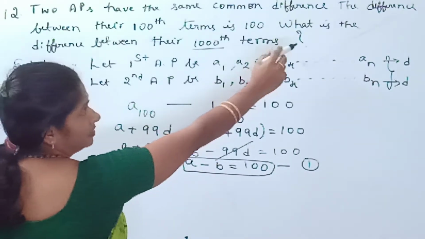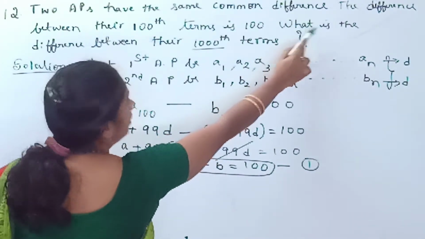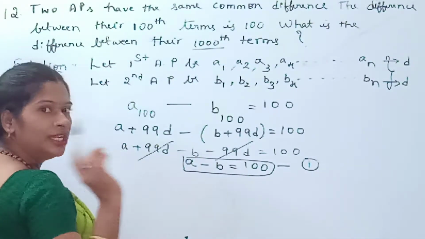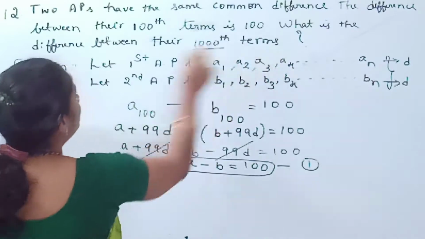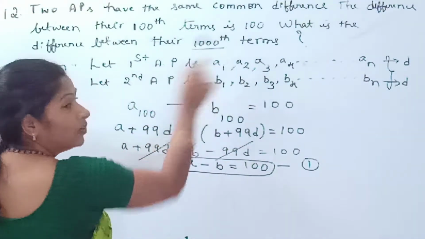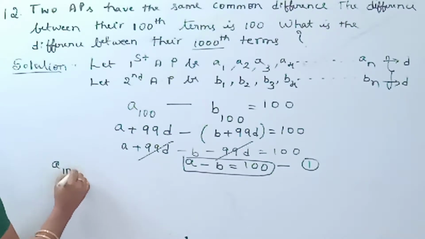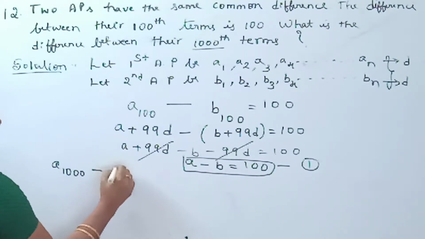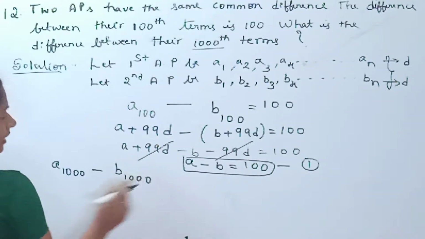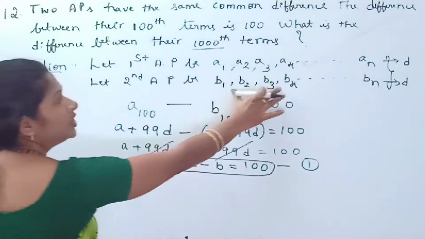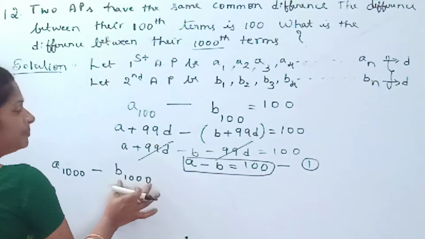Now what you have to find out, children? We need to find out now what is the difference between their 1000th terms. So what we have to find out? A1000 minus B1000. 1000th term of first AP is A1000. 1000th term of second AP is B1000.